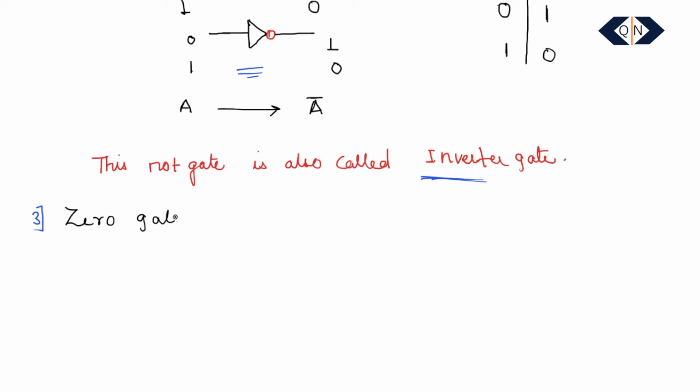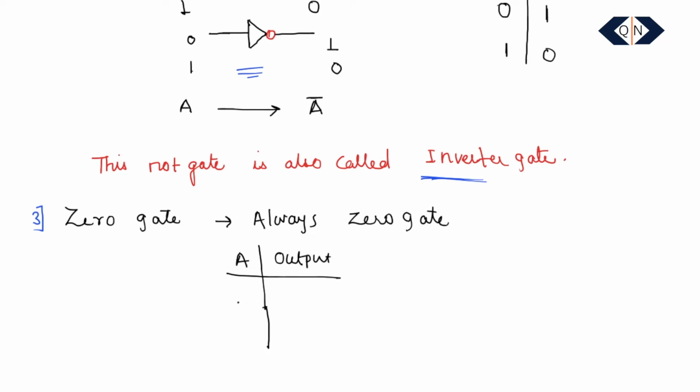So now another gate which we will be looking at is the zero gate. It is also known as the always zero gate. By the name itself, you can say that if this is input and this is output, whatever the input is, we will always get output as 0.